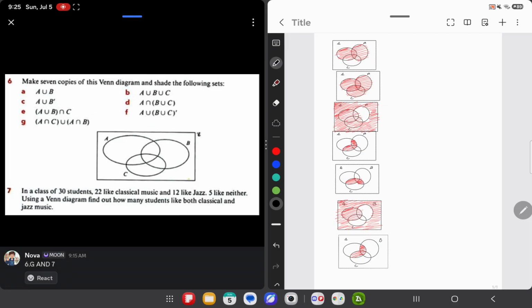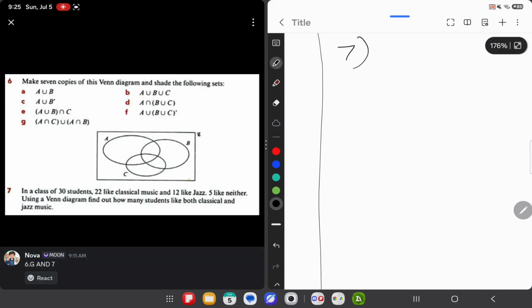Now, the second one. In a class of 30 students, 22 like classical music, 12 like jazz, 5 like neither. Using a Venn diagram, work out how many students like both classical and jazz.